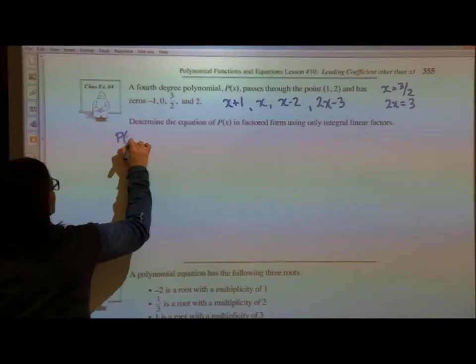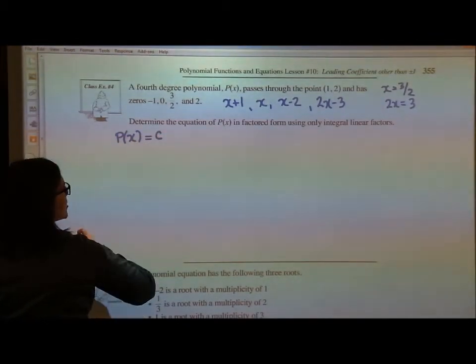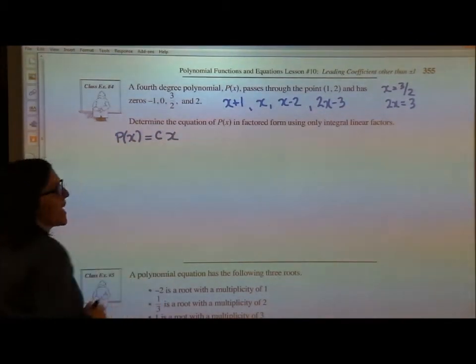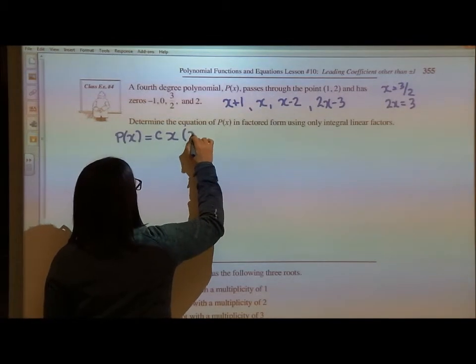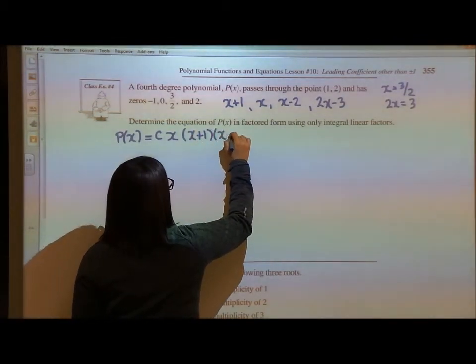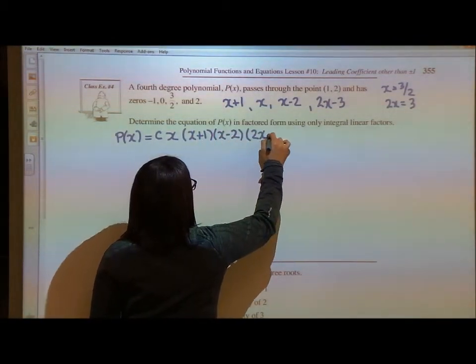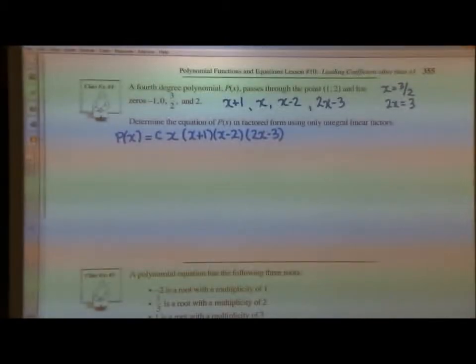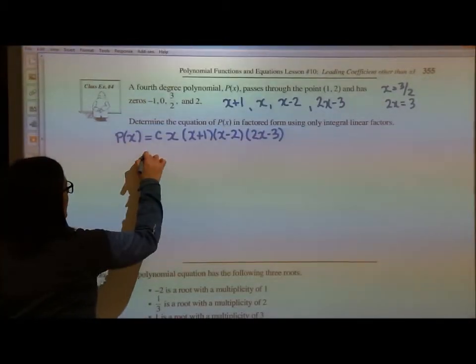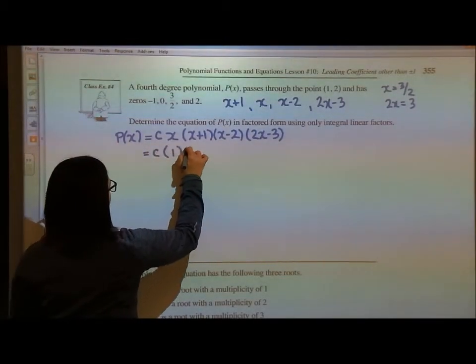P of x equals leading coefficient of c. I'll put the x next because it's a monomial. Put the monomials before your binomial factors. And then x plus 1, x minus 2, and 2x minus 3. Then I have that point of (1, 2). So wherever I see an x, I can substitute in a 1.